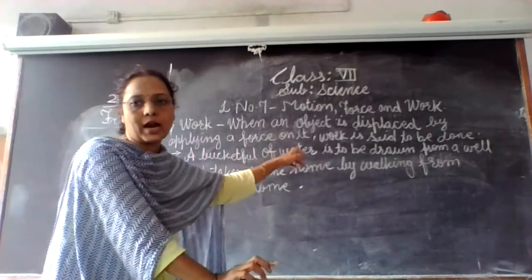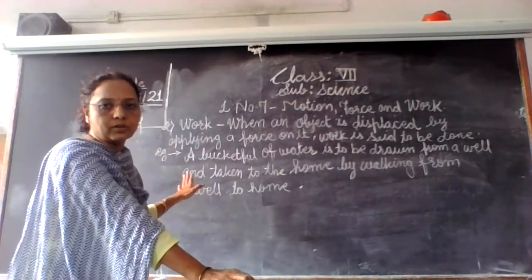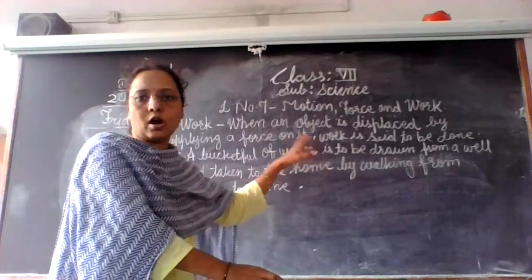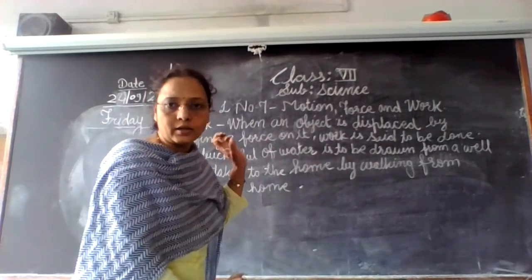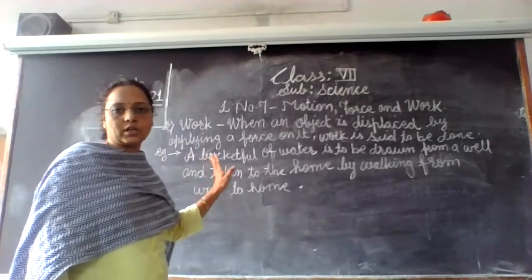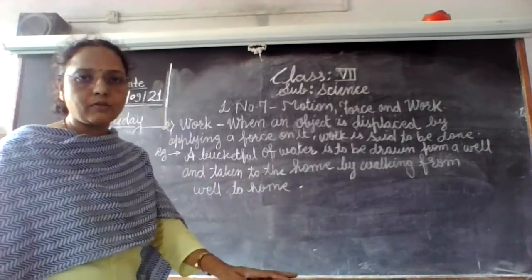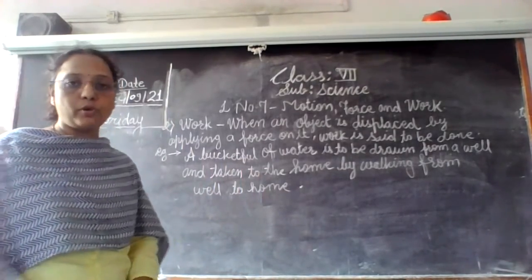That time we say that work is said to be done. So a bucket of water is to be drawn from the well and taken to the home by walking from well to home. Means एक जगह से दूसरे जगह आप पानी की बकेट लेके जा रहे हो. That is, work is said to be done. So these are a few more examples.